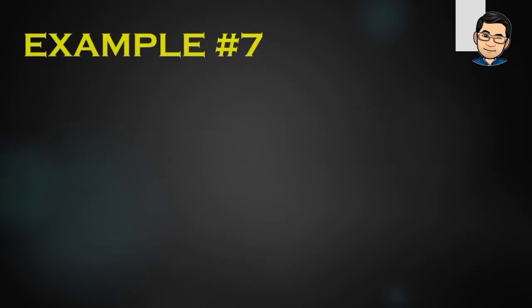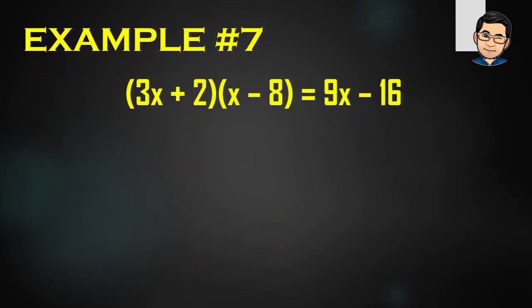So, let's have example number 7. The quantity of 3x plus 2 times x minus 8 equals 9x minus 16. So, ipa-perform muna natin itong nakaparenthesis bago natin ilipat itong 9x minus 16.